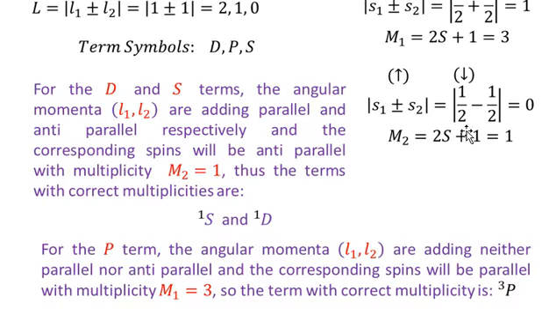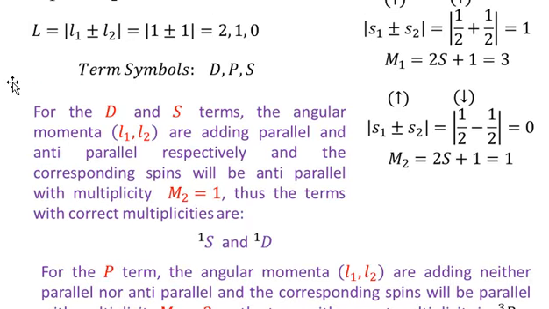And we used these anti-parallel spins only when the orbital angular momenta were parallel or anti-parallel to each other. So when they are parallel, you are getting L1 plus L2, which is equal to 2. When they are anti-parallel, you are getting L1 minus L2, which is equal to 0. So in these two cases, we are using the spins which are anti-parallel to each other, and we obtained the corresponding multiplicity 1. So I have 1S and 1D. These are the terms along with the multiplicities.